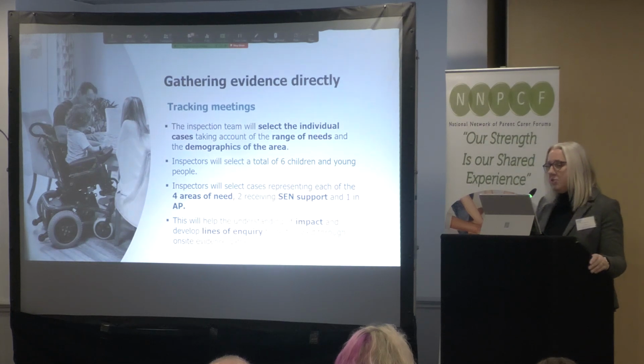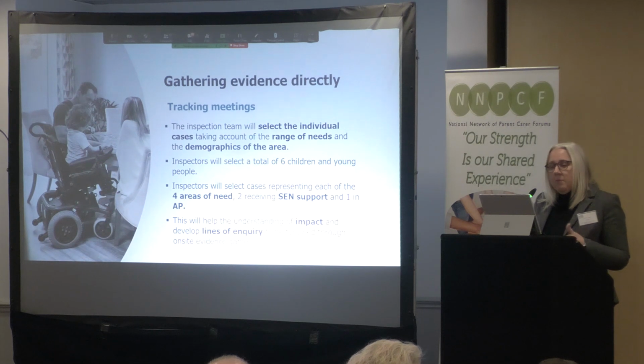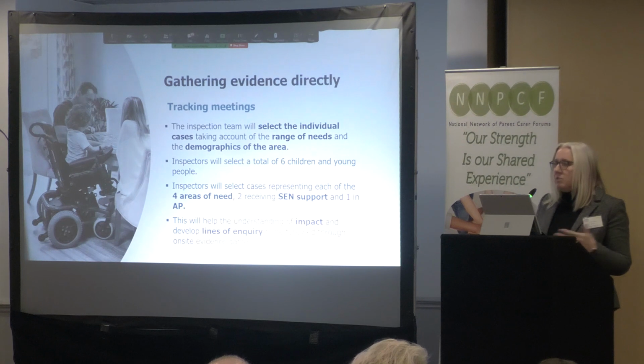So gathering evidence directly, those tracking meetings are with those 6 young people that we've talked about. The framework is really, really clear that those 6 cases represent 4 main areas of need, and will include 2 that are receiving SEN support, 1 that's in alternative provision, and those that have EHCPs. Some of the questions that we get are that 6 out of a local area doesn't seem to be a huge amount, but you'll see when I move on to the next bit that it is much broader than that.